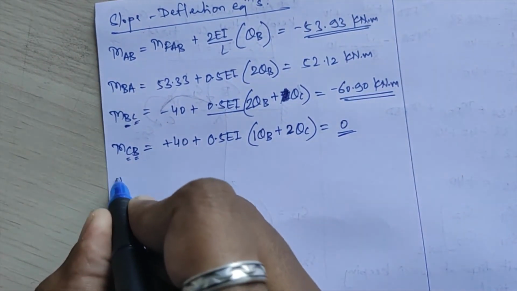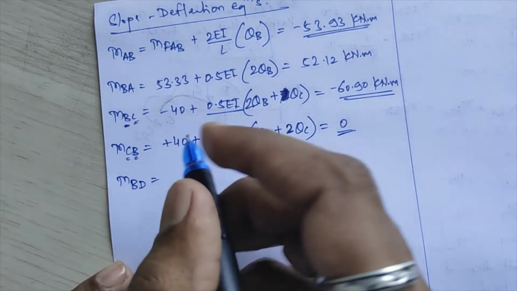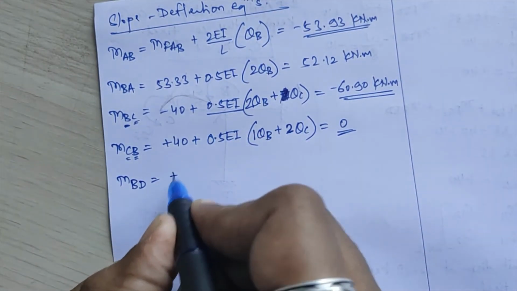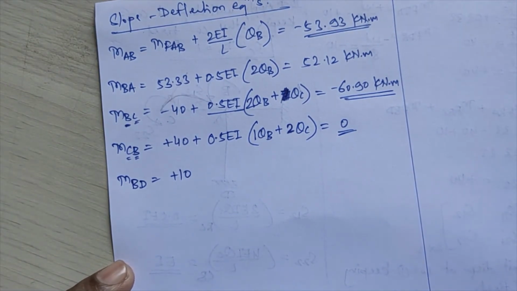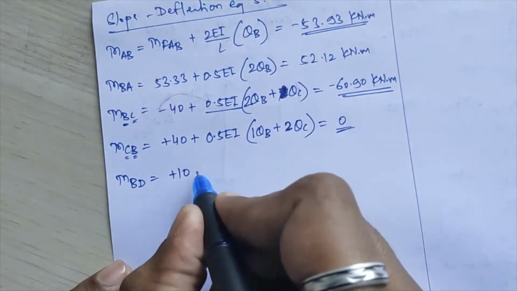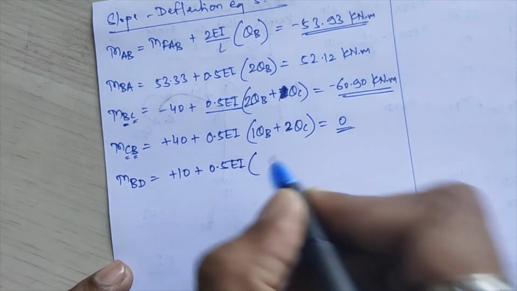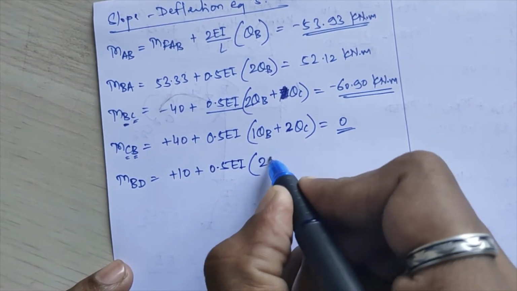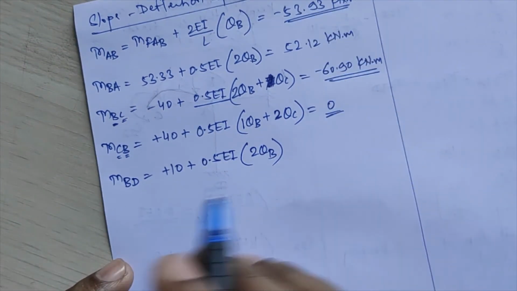Okay, next is your MBD. In that MFBD, I have got plus 10, plus 2EI upon L, that is again 2 by 4 as 0.5 EI into bracket 2 times theta B plus theta D, which will be 0 because D is your fixed support over here.